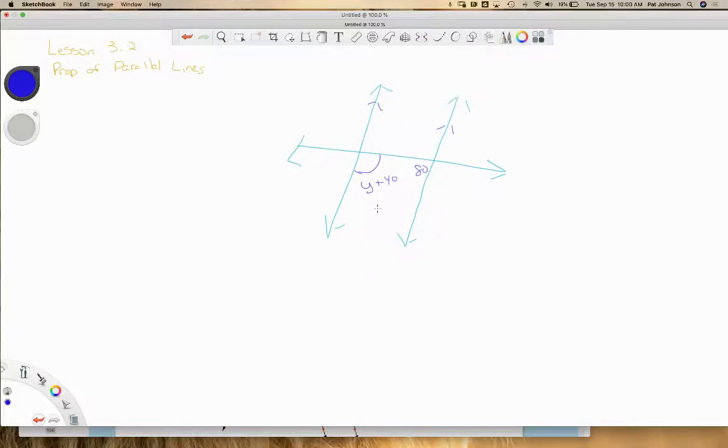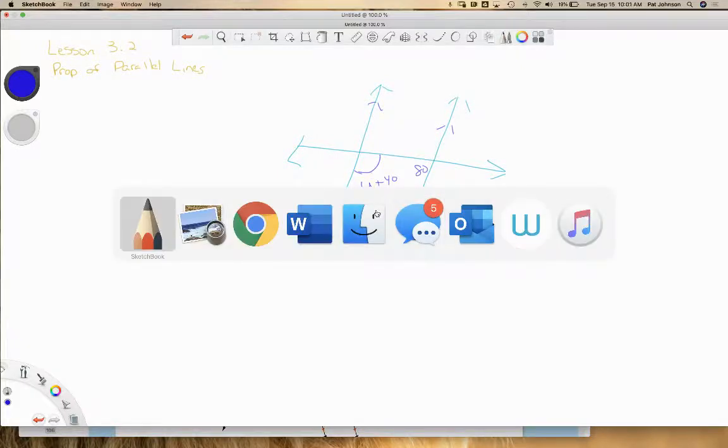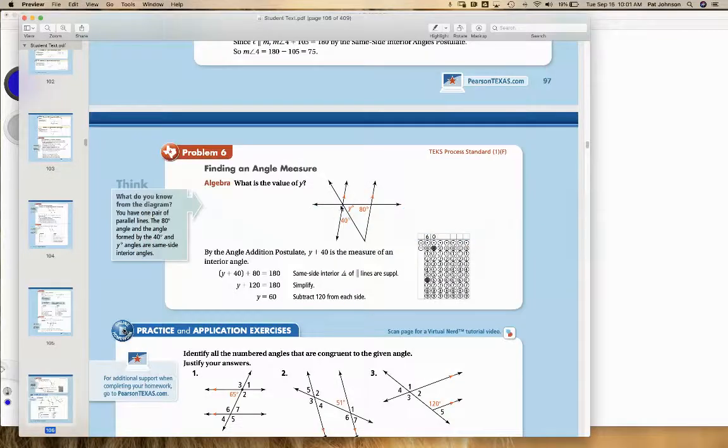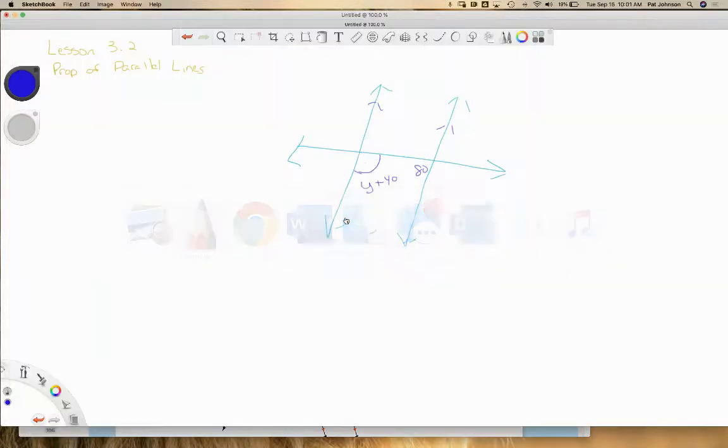When you look at the original picture, so let's look at it here. I drew this line and these 2 parallel lines. I cut this line out, which makes this angle here y plus 40 because of the angle addition postulate. So if I see that these are parallel and this is my transversal, I know that these 2 are same side interior angles, therefore they're supplementary.